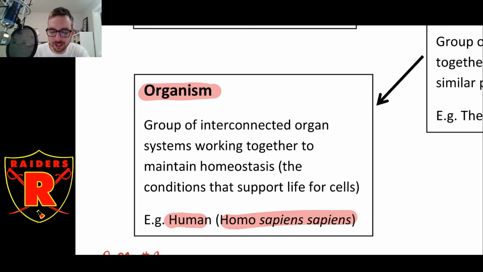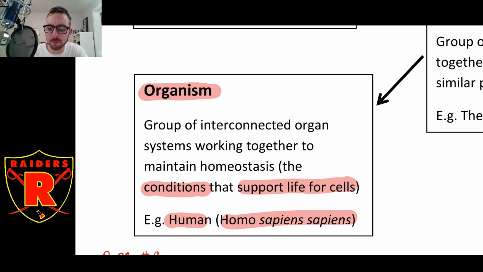And the basic idea here is that all of those different systems are going to work together to maintain all of the different conditions that support life for your cells. Those systems keep the right oxygen concentration, they keep the right sugar concentration, they keep the right temperature, they keep the pathogens from taking over. The organ systems work together to do that.